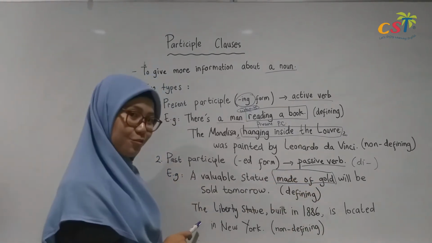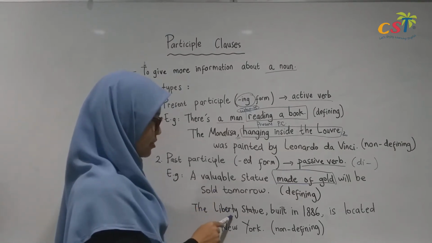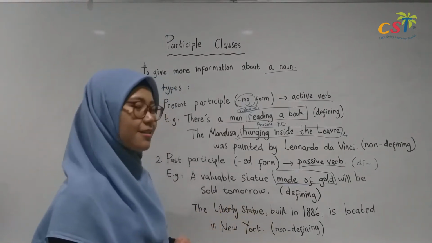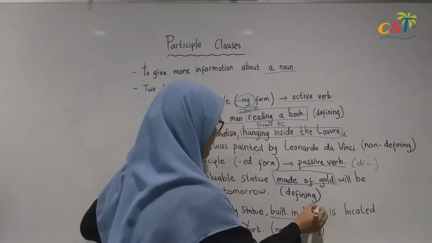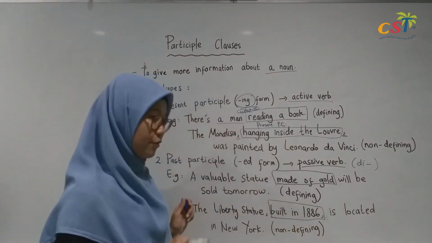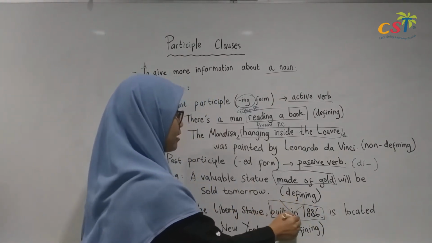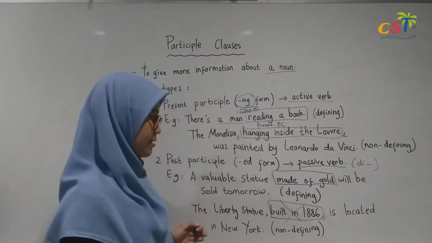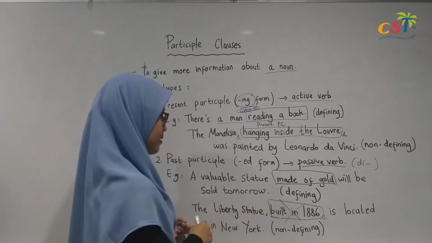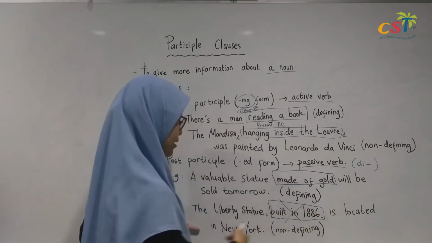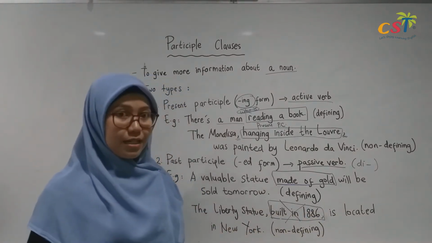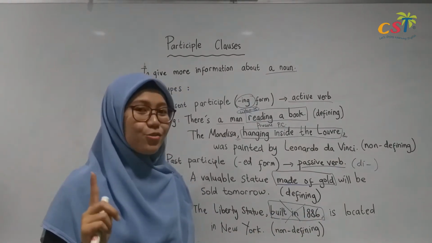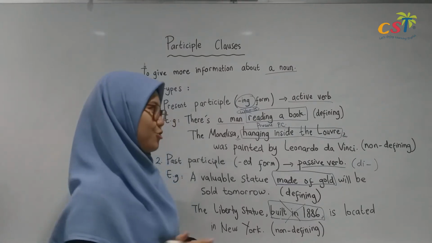However, for the second one, the Liberty statue built in 1886, it's fine for you to delete this information. Why? Because even though we delete this, the Liberty statue is located in New York. It's still clear, right? Which Liberty statue? Because there is only one Liberty statue.